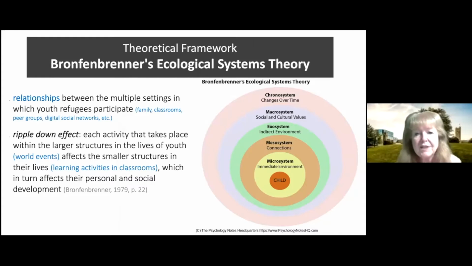And so there's the sort of the micro, the inner to the outer macro relationship, and with the ripple down effect happening from broader social structures and politics, and the ripple down effect to how that influences the individual. So the world events affecting the smaller structures, such as learning activities in the classrooms, or in some cases, stopping learning altogether with social upheaval, and how that affects their personal and social development.